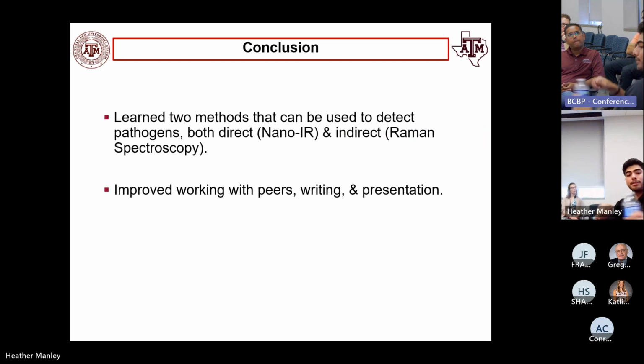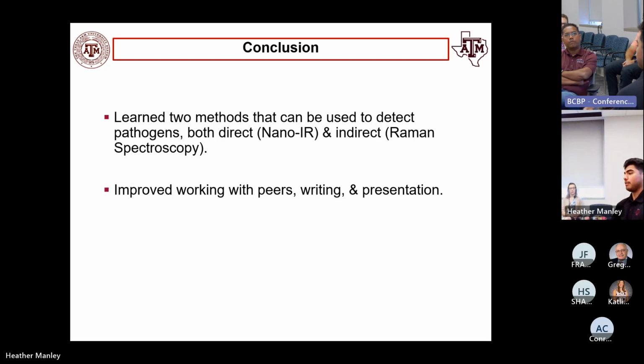So as a conclusion, again, with nano-IR or AFMIR, we're able to directly detect the pathogen. In this case, we just analyze the secondary structure of the protein to ensure that these nanoparticles do not affect the structure of the protein.